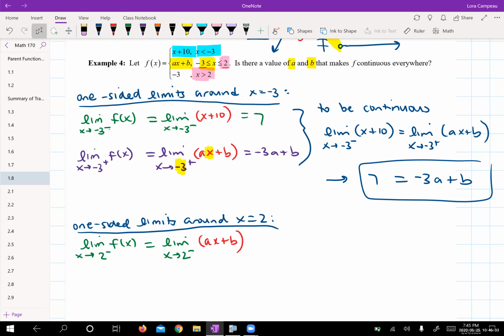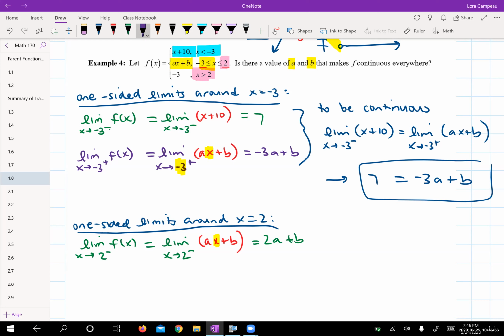And it is a line, some sort of form of mx plus b. So we can use direct substitution to substitute in for x, and we would be plugging in 2. So if we were to calculate this, we should be getting 2a, so a times 2 is 2a, plus b.